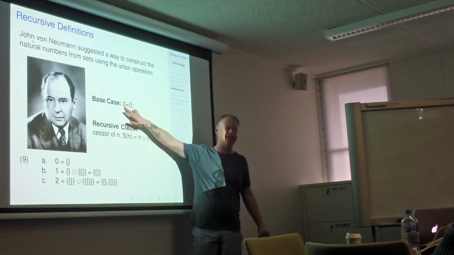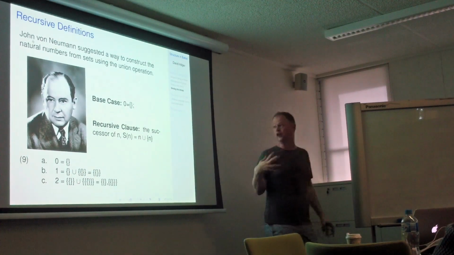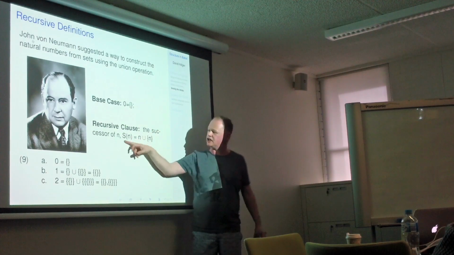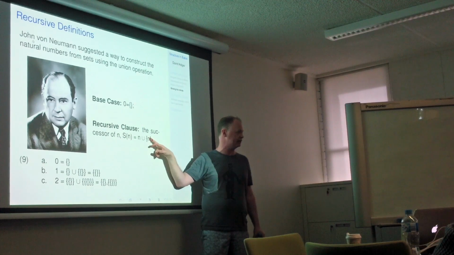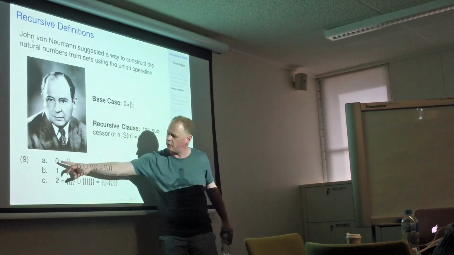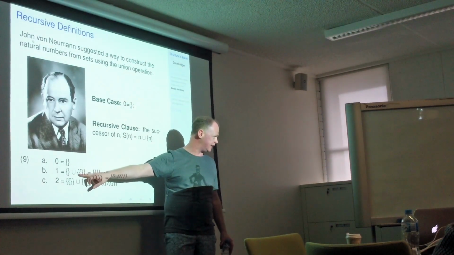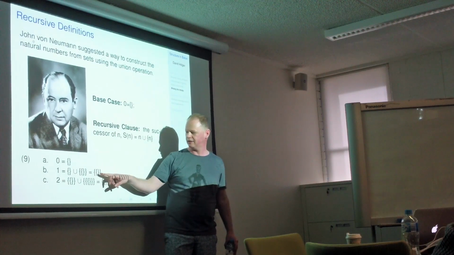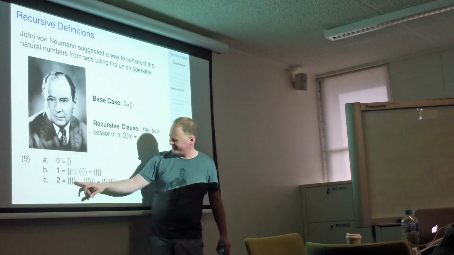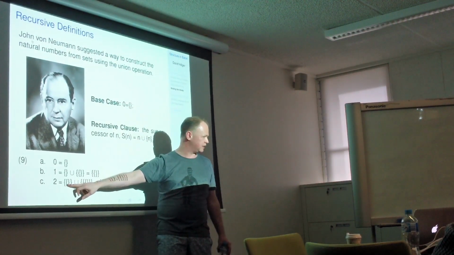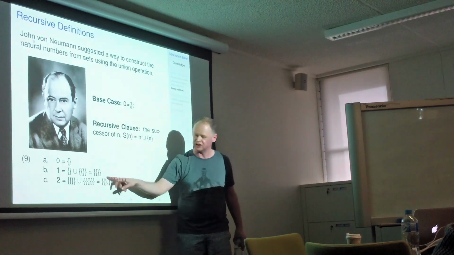He said, let's define 0 as the empty set. And then we will define the recursive clause to say that the relevant function on n is n union the set containing n. So 0 we know is the empty set. 1 will be the empty set union the set containing the empty set, which is the set containing the empty set. 2 is that thing we just built up, which was 1, that's our n now, union the set containing that thing, which gives us this structure out in the end.